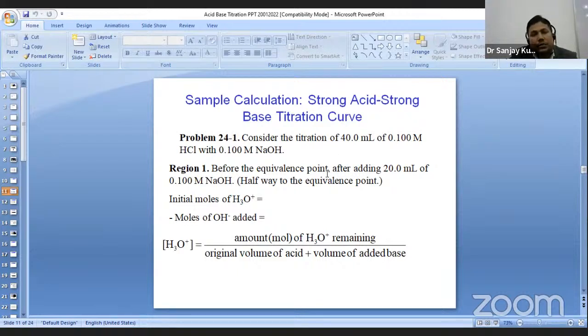So here there are so many calculation problems. Suppose the problem is solving 40 ml of 0.1 molar HCl against 0.1 molar NaOH. Here it is strong acid and strong base. So here is the calculation part. We can see the initial moles of hydronium ion.